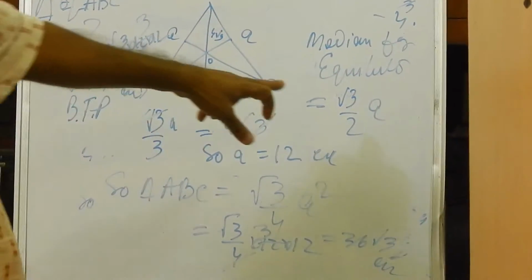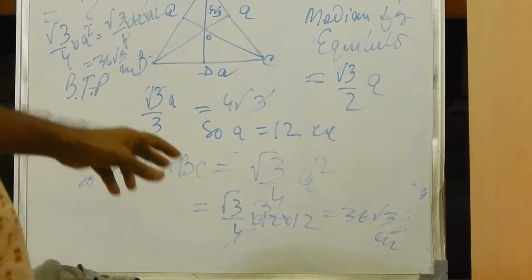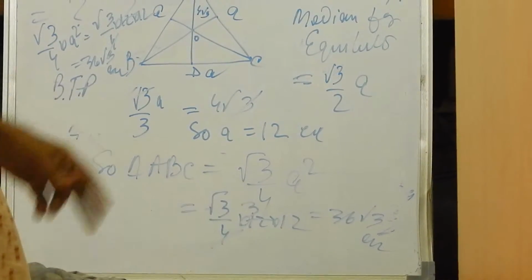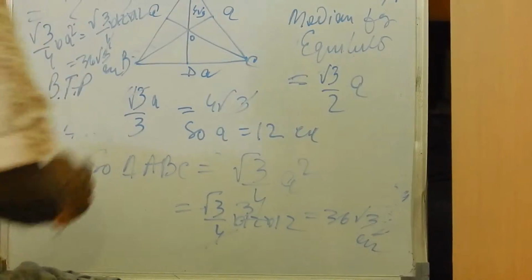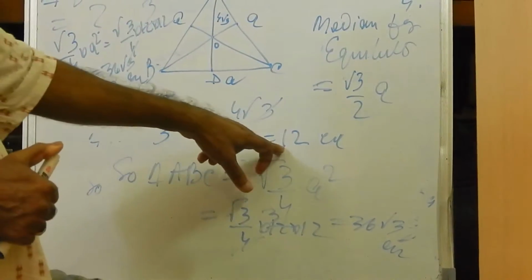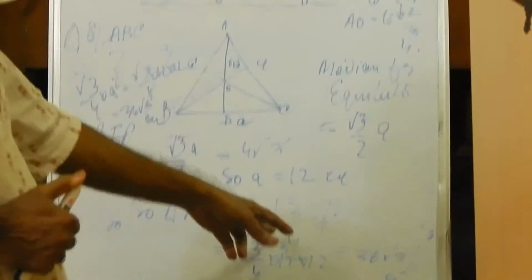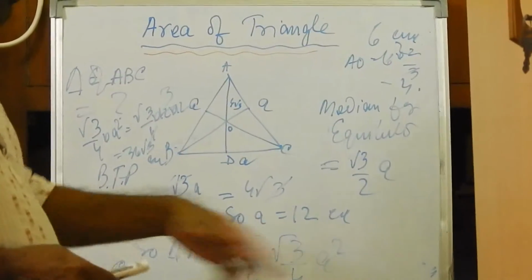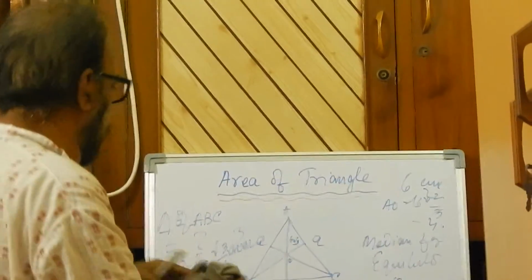So 2/3 of root 3 by 2A gives root 3 by 3A, and then we equated this with the numerical value, we get the value of A, and it was 12. So easily we could find the area of ABC by using the formula root 3 by 4 A square equal to 36 root 3 square centimeter. I think it is clear to you.